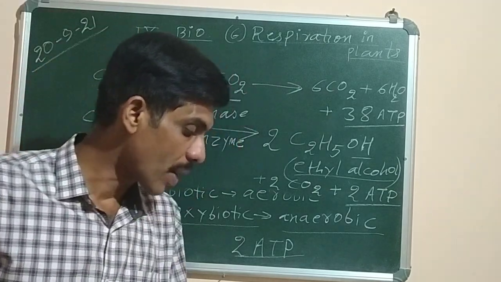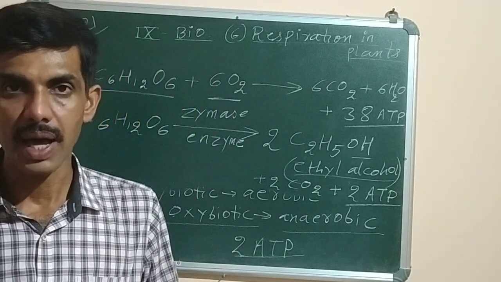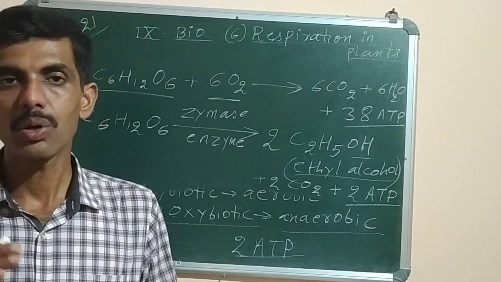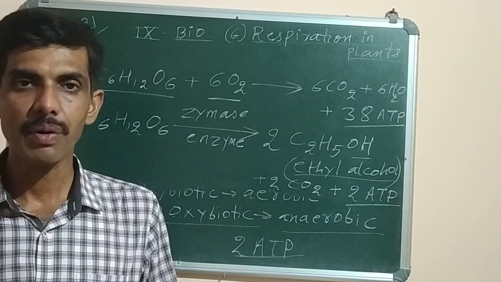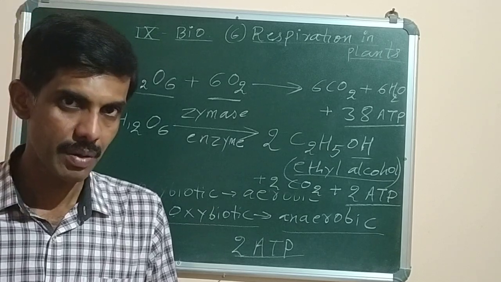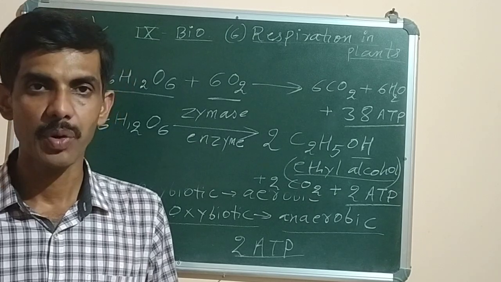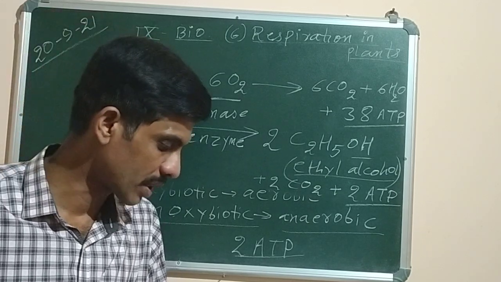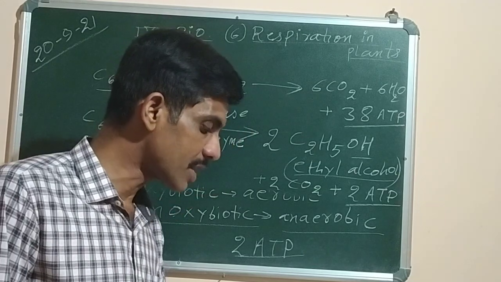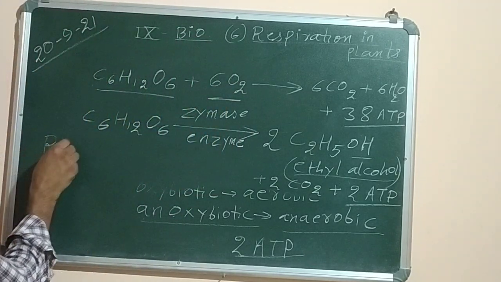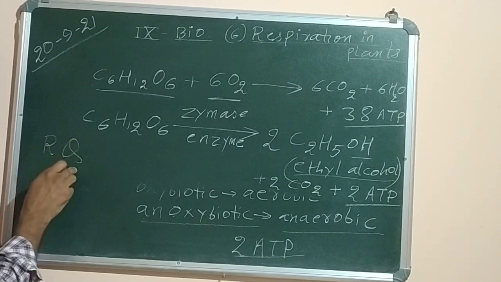Now next one is, what is respiratory quotient, RQ? Respiratory quotient is the ratio of the amount of carbon dioxide produced to the amount of oxygen used during the process of respiration. In your book the definition is also given there. If we have to write the formula, RQ stands for respiratory quotient.